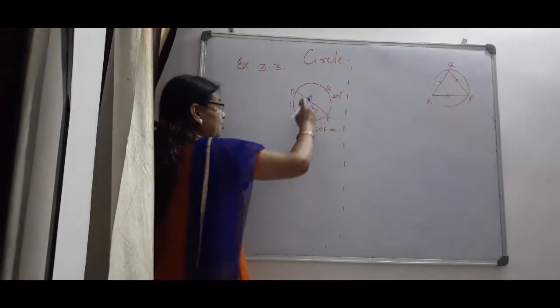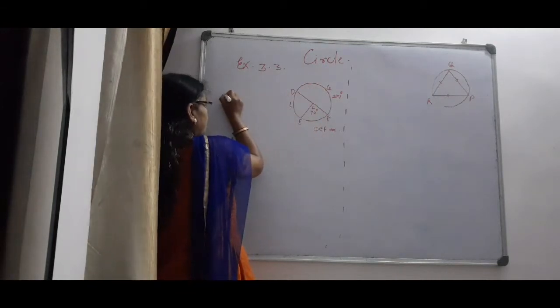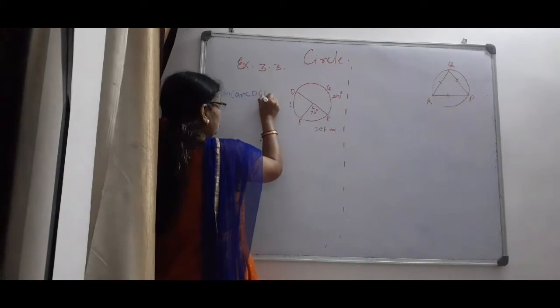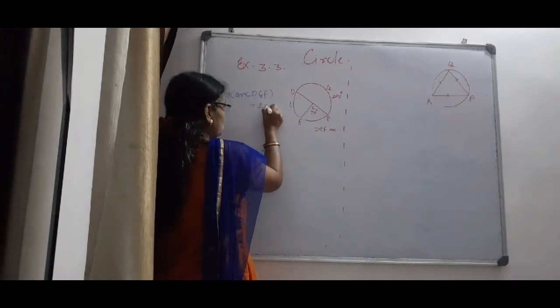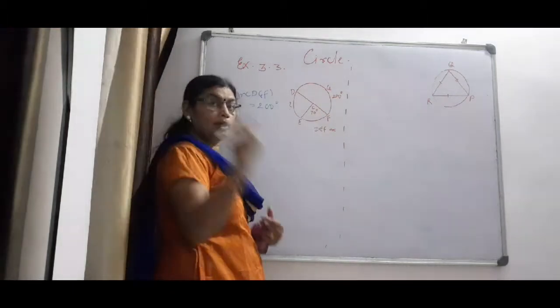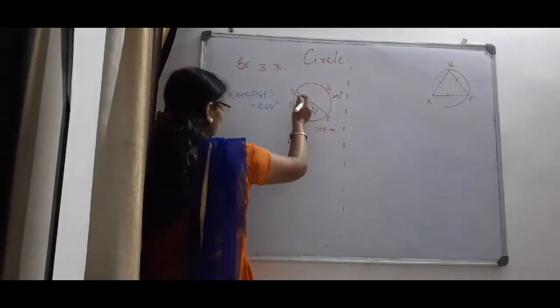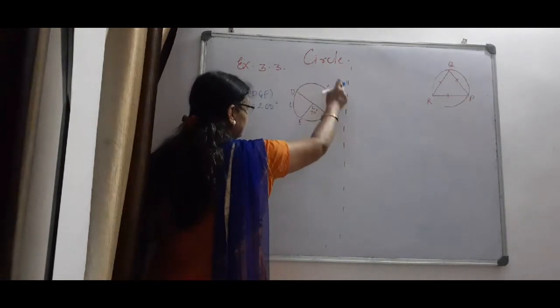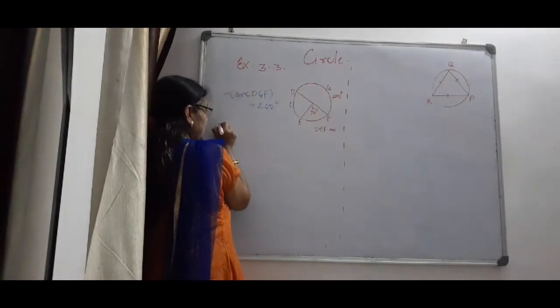Now see here what is given. Measure arc DGF is equal to 200. Now see here what is the measure of total arc? Total arc is 360. So you can take arc DEF plus arc DGF is equal to 360.